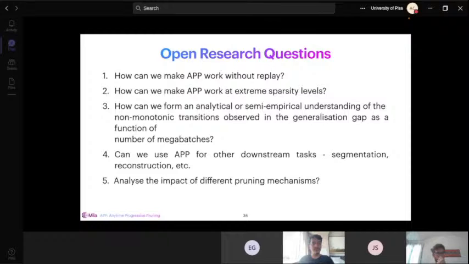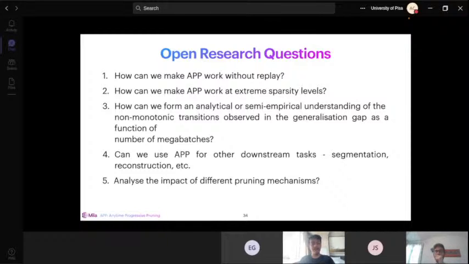We are really interested in understanding the dynamics of pruning progressively, but not using replay, because at the end of the day, we are concerned with reducing memory complexity and computational complexity.